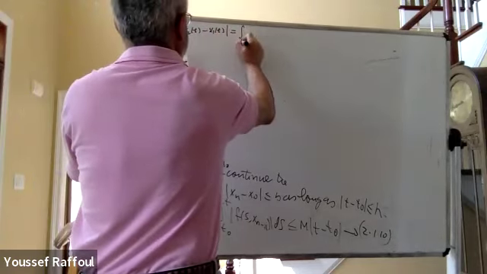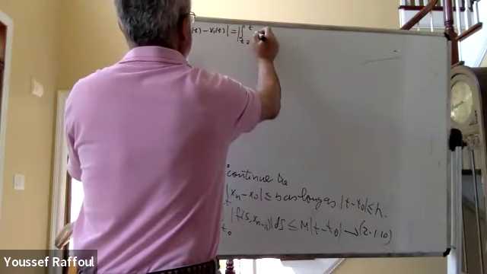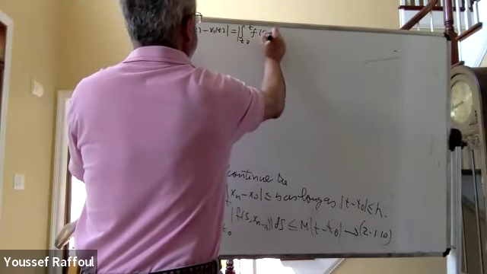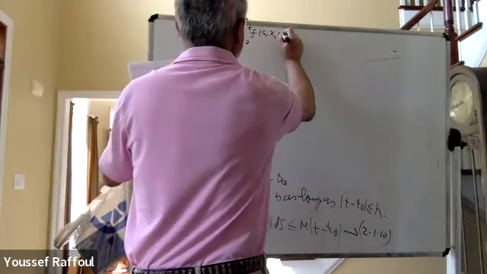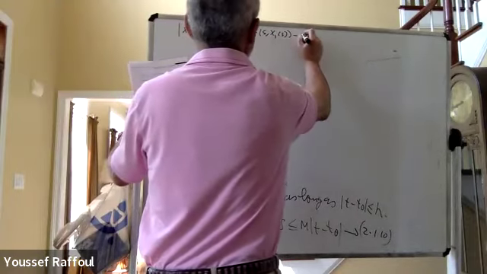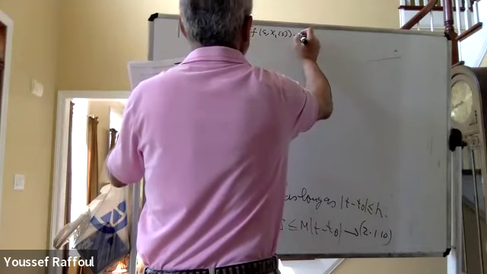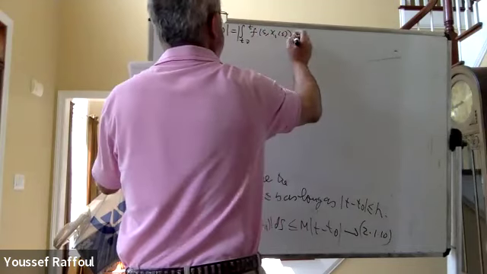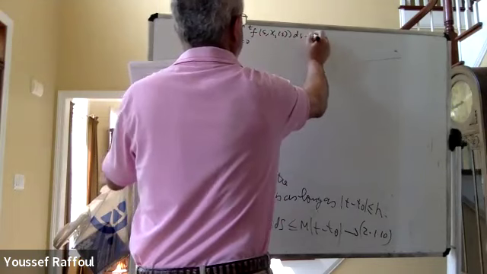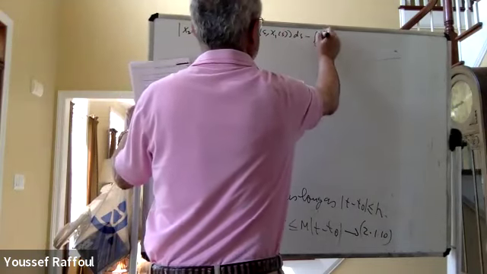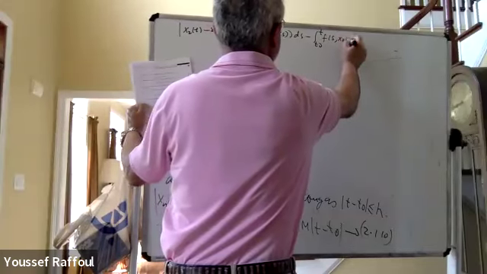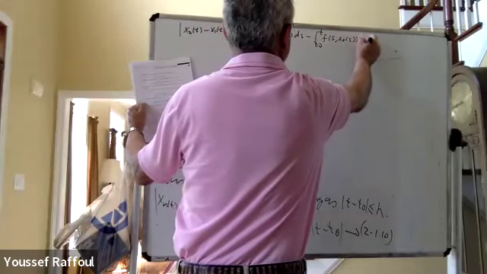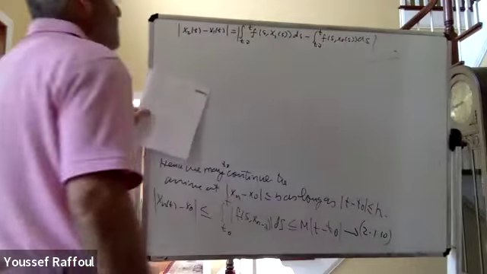That is the integral from t0 to t of f(s, x1(s)) ds minus the integral from t0 to t of f(s, x0(s)) ds.